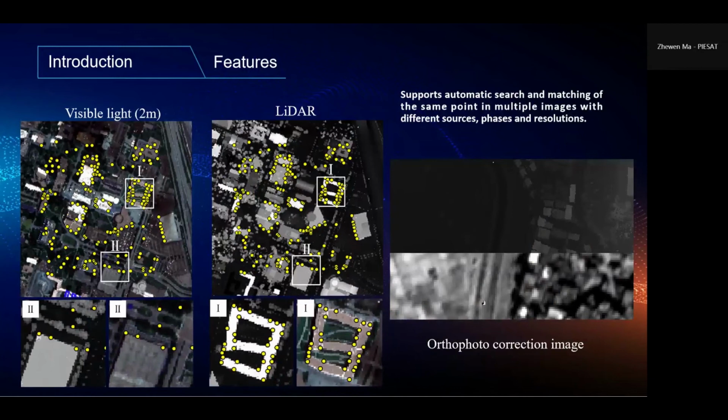This is another set of images showing a comparison between the visible light image with 2-meter resolution and the lighter image, and the result is displayed on the right after the orthophoto correction.